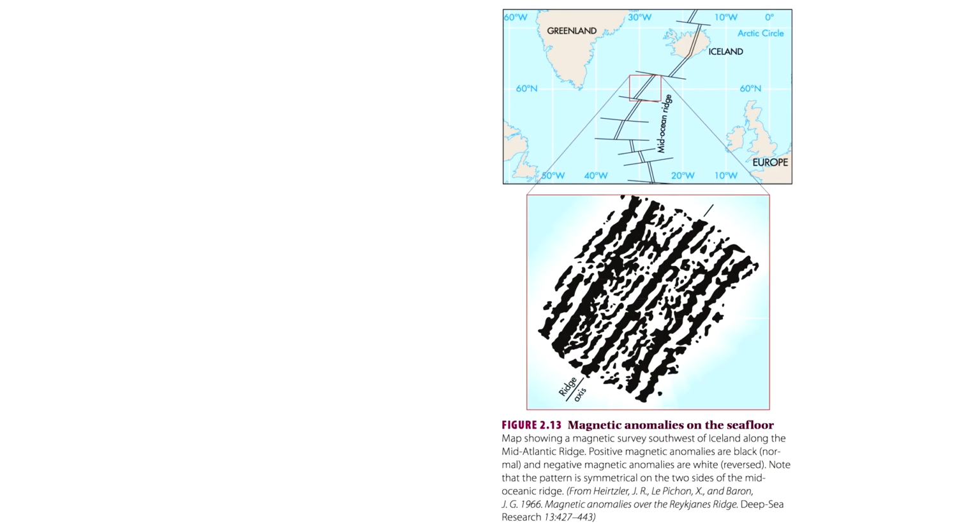This is what they have found, that they have positive and negative anomalies. Over time they have come across this, and in future also this is going to happen. That is what we call polar wandering, and also the magnetic reversals.